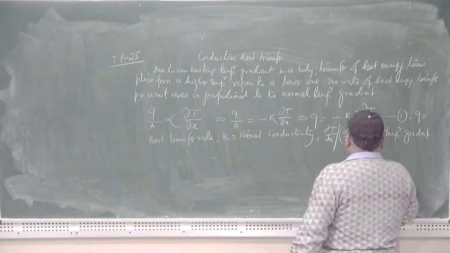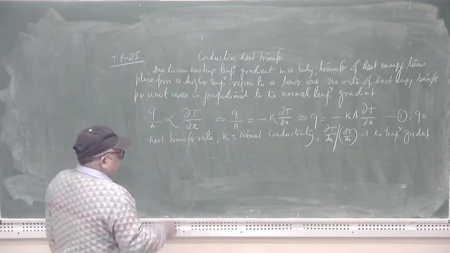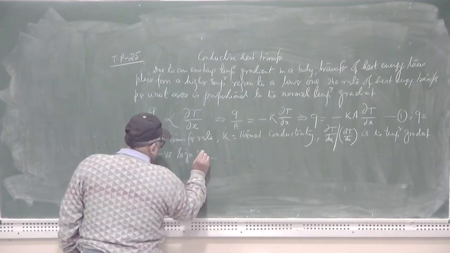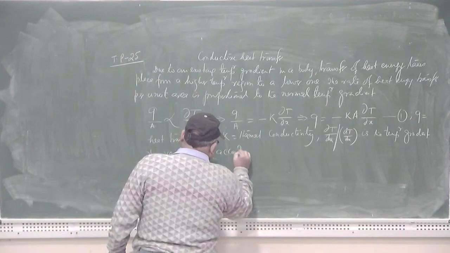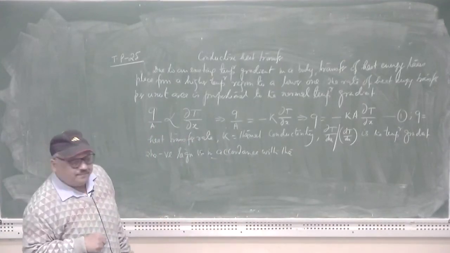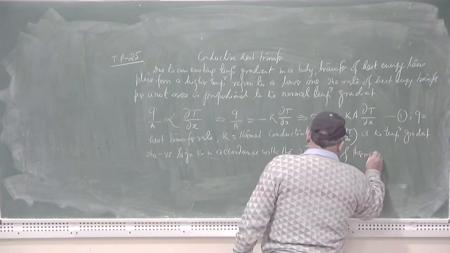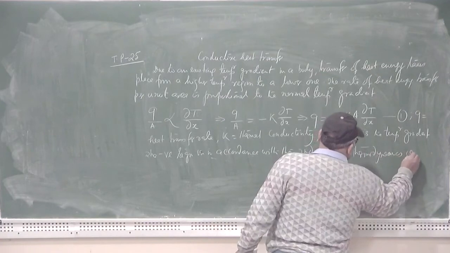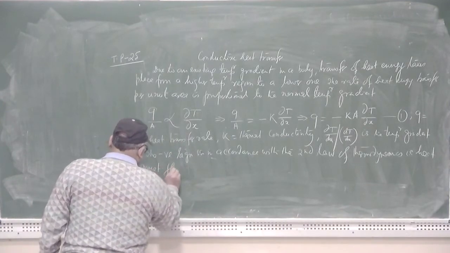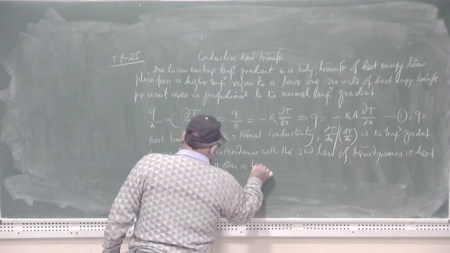Here, to bring out the importance of the negative sign, it can be said that the negative sign is in accordance with the second law of thermodynamics, that is, heat must flow downhill on a temperature scale.